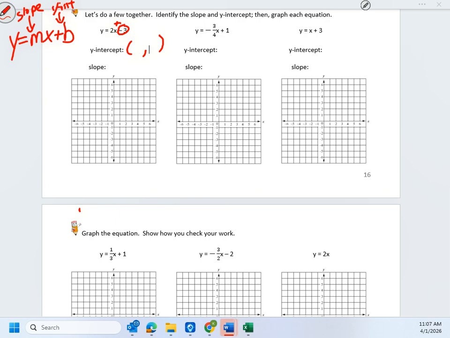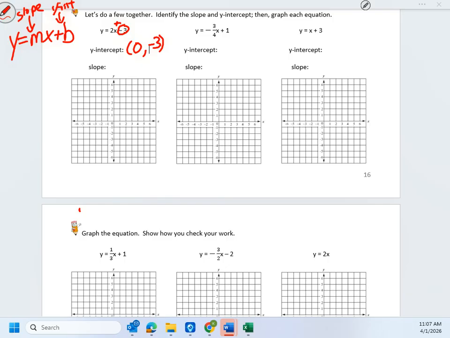Okay. 0, negative 3, because we know in the y-intercept the x is always 0. So when it says the y-intercept, you're going to write it as an ordered pair because we're going to have to graph it. So I want you to write the ordered pair.